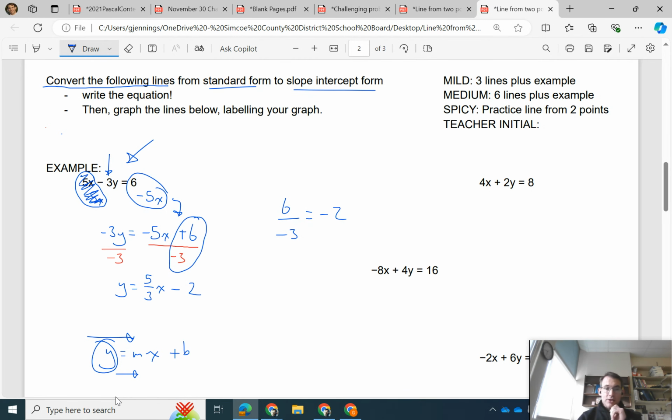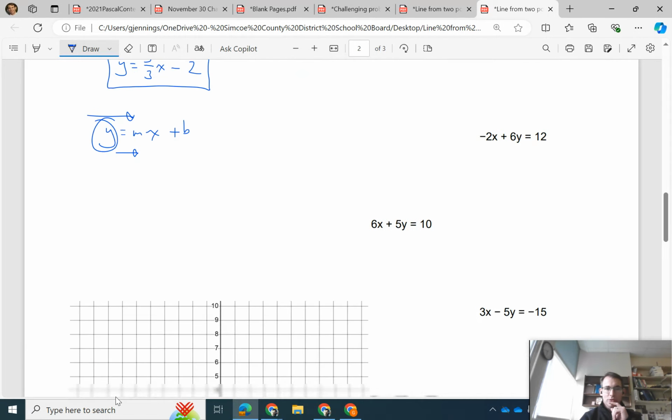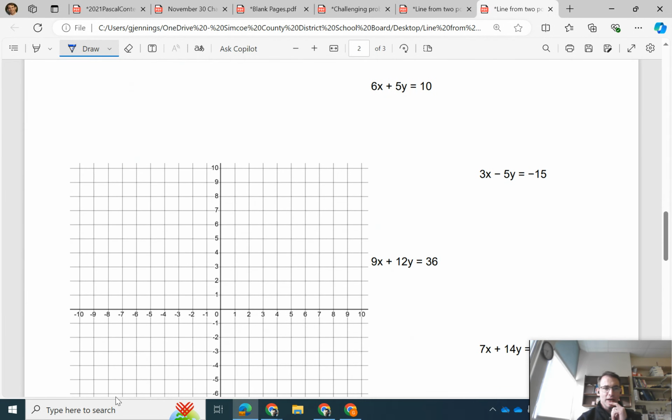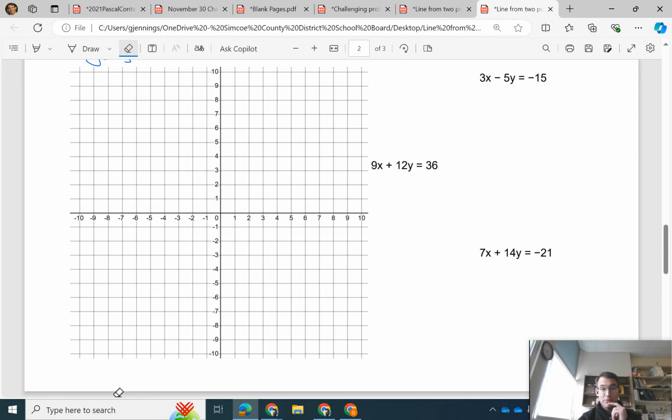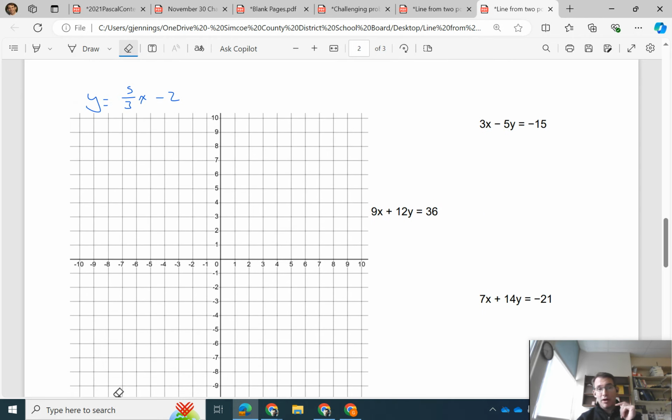Okay, so now we want to graph this thing. So I'm just going to transfer that down towards my graph here. I'm going to have y equals minus 5 on 3x minus 2. I seem to remember it's plus 5 on 3x. Yes, it is, positive 5 on 3x minus 2. So here's how we graph these.